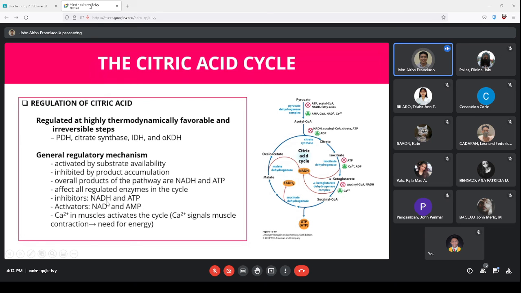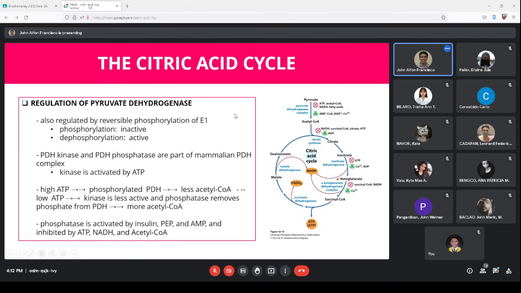Pag mataas na NADH at ATP, mag-stop yung reaction. Kapag yung cell naman marami na siyang NAD plus or AMP, ibig sabihin wala nang energy na napoproduce yung cell, magko-continue yung cycle. Ca2+ in muscles activates the cycle. It signals the muscle contraction that signals na kailangan natin ng energy. So, kailangan mag-produce or mag-undergo yung citric acid cycle.